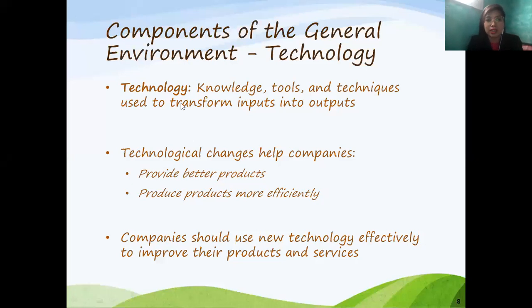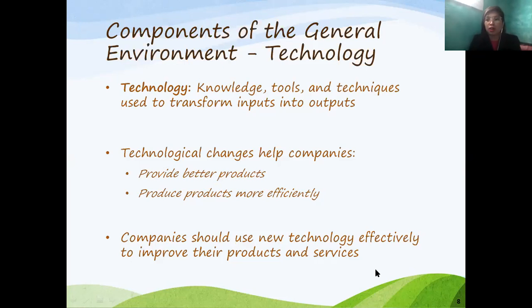So the technology means the knowledge, the tools, and techniques used to transform inputs into outputs. It's also very important in the operations of different businesses. Okay? The technological changes also help companies to provide better products and to produce products more efficiently. And then companies should use new technology to improve their products and services.